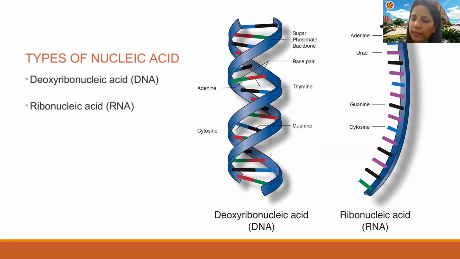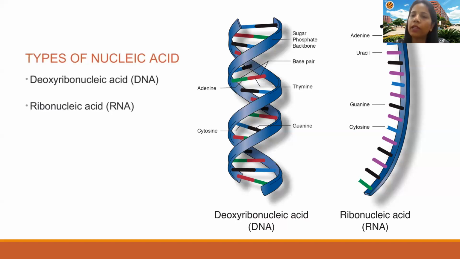You can assume it as a thread, and in that thread, we have different nucleotides, named based on the different bases they have. For example, if the base is adenine, we say it's an adenine nucleotide. If it has cytosine, the nucleotide is cytosine.